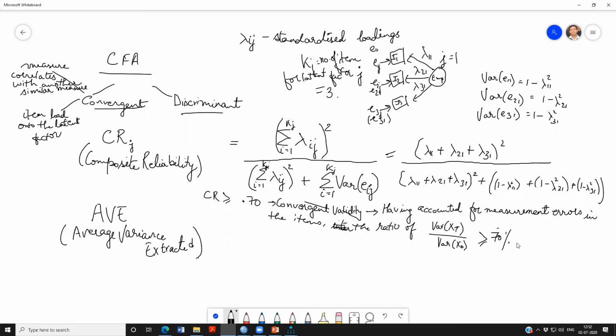Which also means that there is inter-item consistency, that the items can explain more than 70% inter-item consistency.